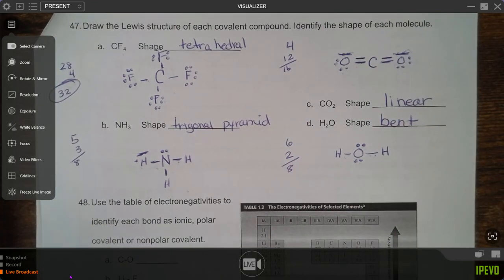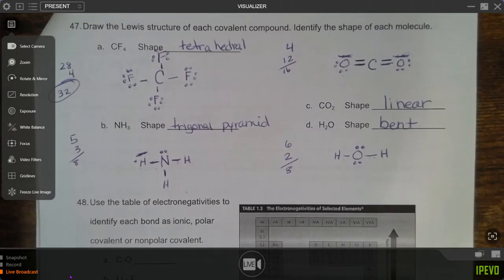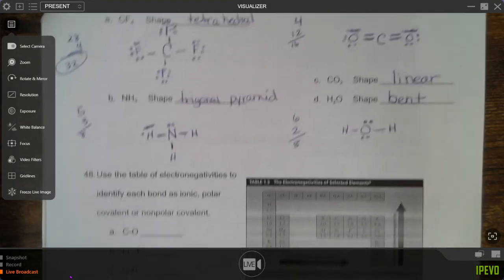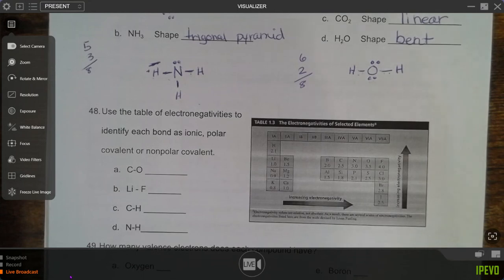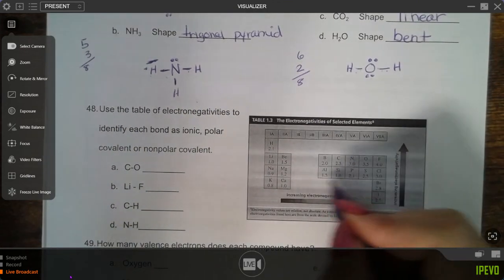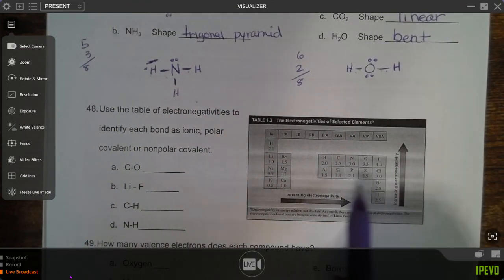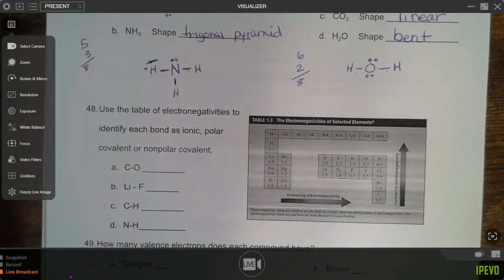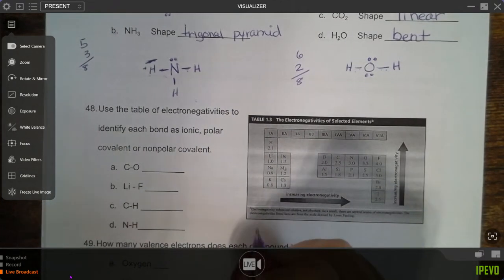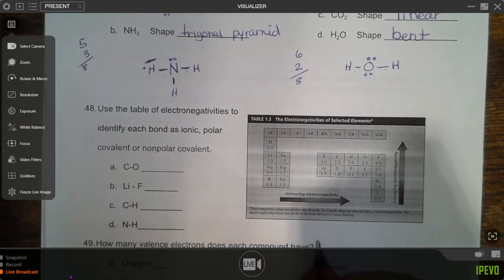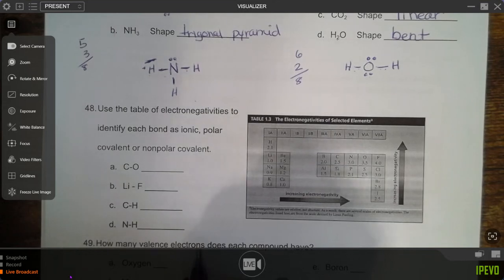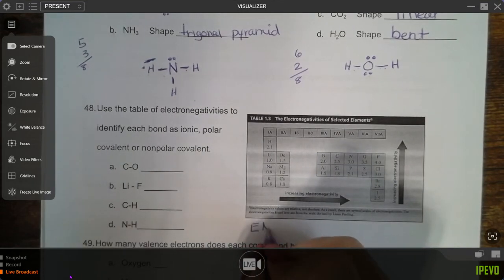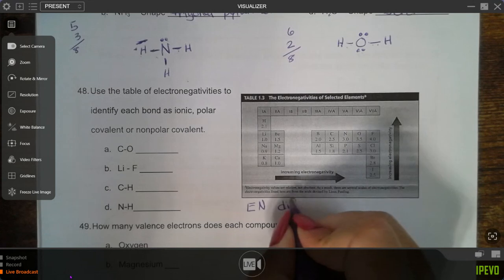All right. Okay, next we have electronegativity. Remember when we talk about bond polarity, we have polar, nonpolar, and ionic. You'll have this table that shows you the electronegativities of different atoms. What we need to know is the electronegativity difference, EN.